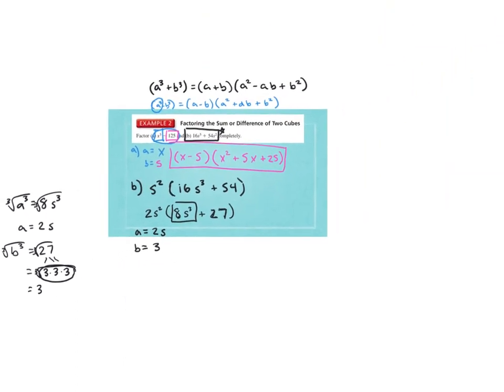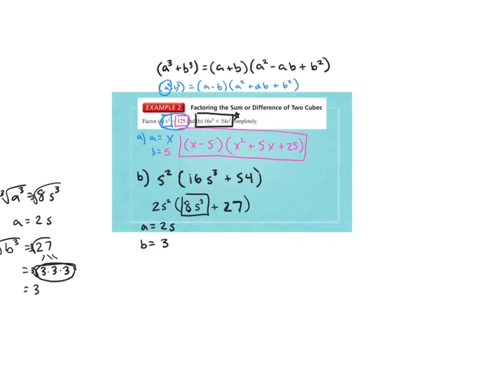Once we have our a and b, we just plug that into our formula. So, gotta start with our 2s squared, that just stays out front. Then we have a plus b, so what would that be? 2s plus 3. Then our a squared. So what would 2s squared be? Because we're squaring the 2 and the s. Perfect. 4s squared.